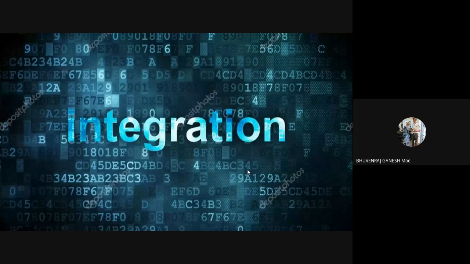You all can name the types of integration also. Apa jenis pengamiran yang kita ada? What are the types of integration we have? Anyone? Boleh cakap dalam BM pun.